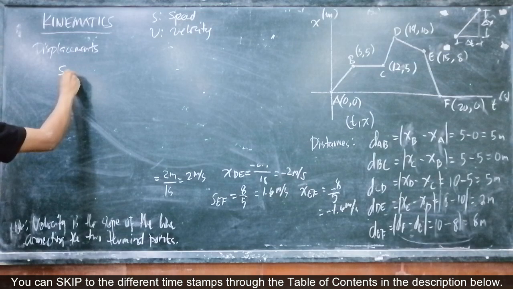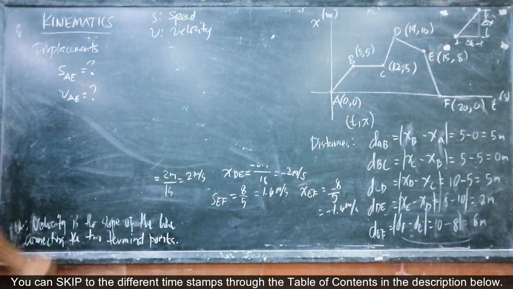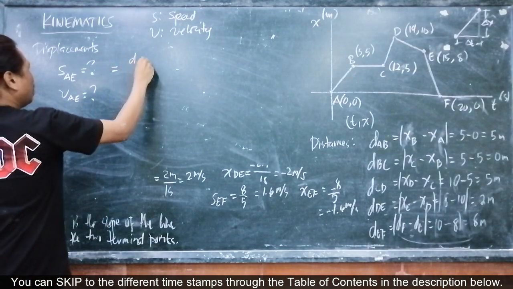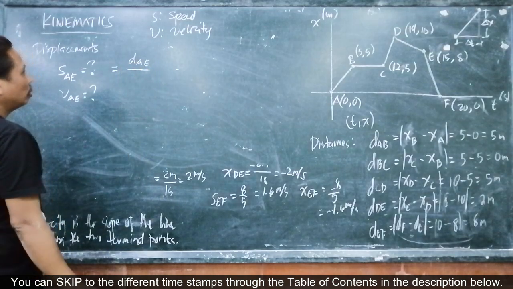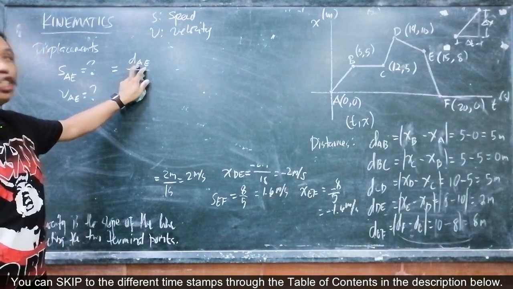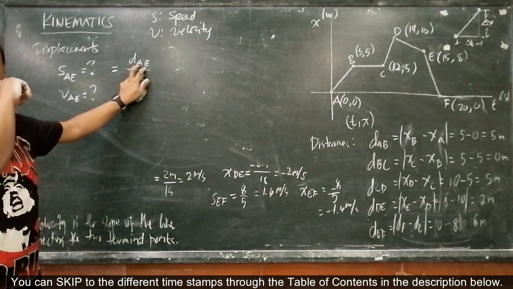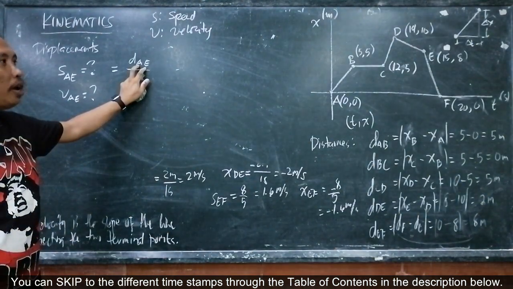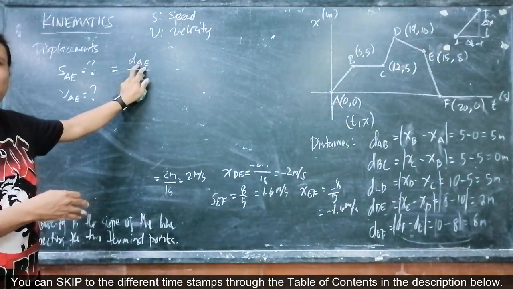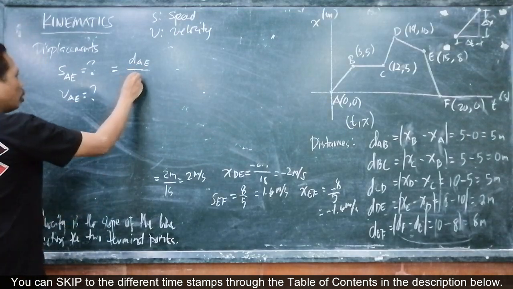How about the SAE? And what is VAE? Okay, SAE is basically DAE over delta TAE. But this is misleading here because we have to put our frame in the particle that moves.